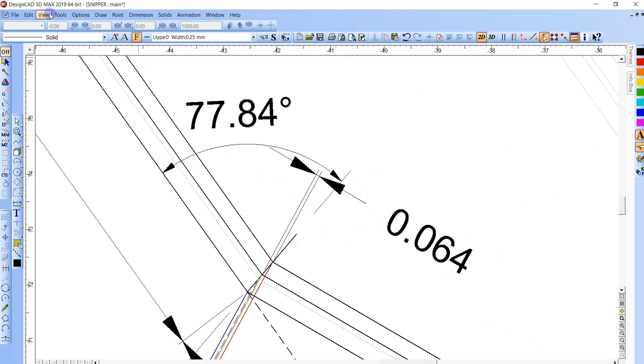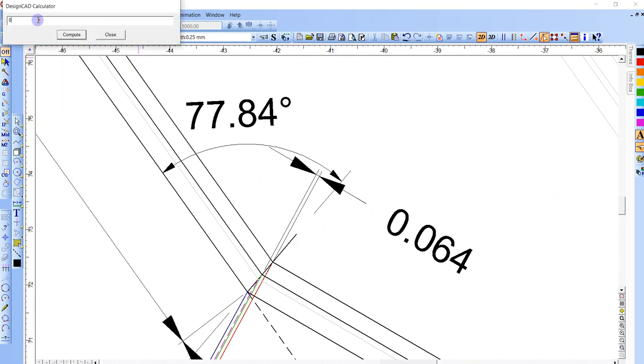So you go tools, calculator, arc tangent of 0.064 divided by 6, close parenthesis. I'm thinking that's like 7 degrees or something.